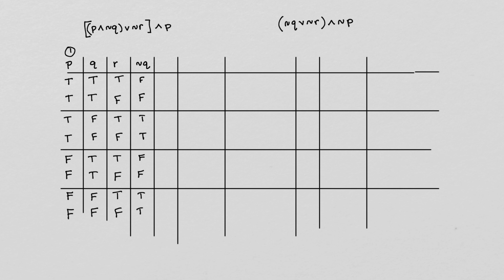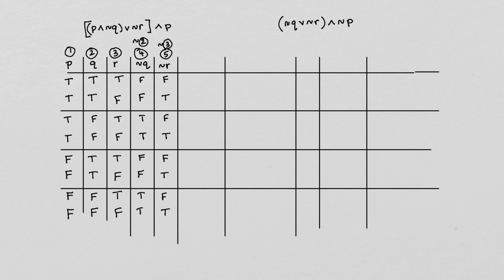And I'm going to keep track of my columns here. And this was the negation of 2. Okay. And then I have negation of R. And so we're negating column 3. And we're making column 5 out of that. So now these truth values are going to alternate. False, true, false, true, false, true, false, true.